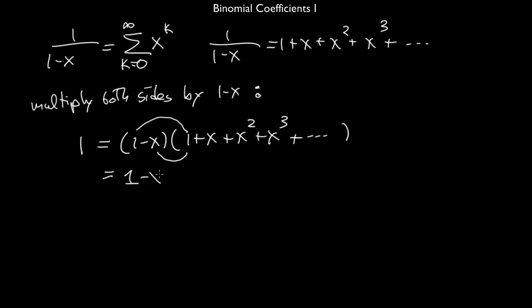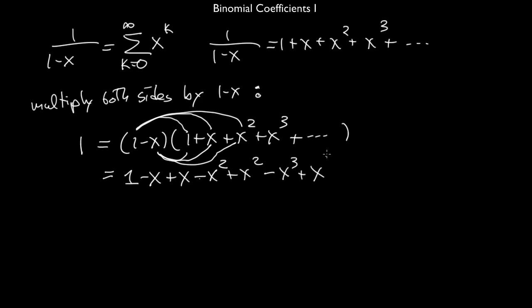And then you get minus x, and then 1 by x gives you an x, and then minus x squared, and then you get a plus x squared, and you get a minus x cubed, and so on. It's the famous telescoping series. All of the terms cancel out pairwise. 1 minus x plus x minus x squared plus x squared, and so on. All of that equals 1.